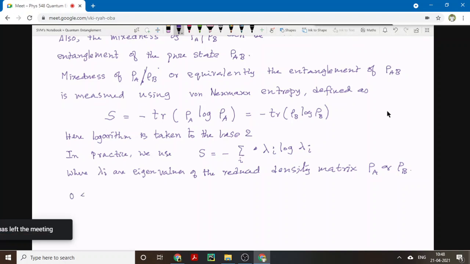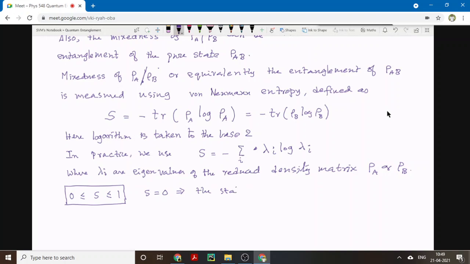And von Neumann entropy, so 0 is less than or equal to S is less than or equal to 1. Von Neumann entropy varies between 0 and 1. And S is equal to 0 implies the state rho AB is separable or non-entangled.